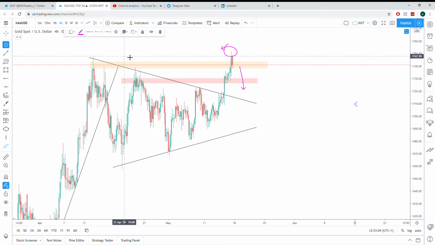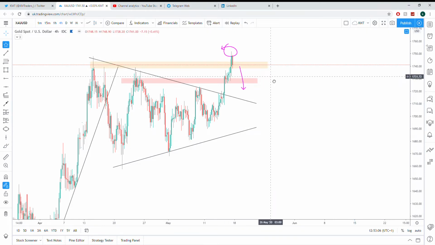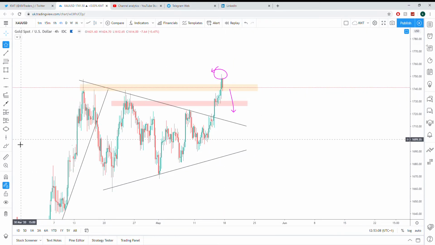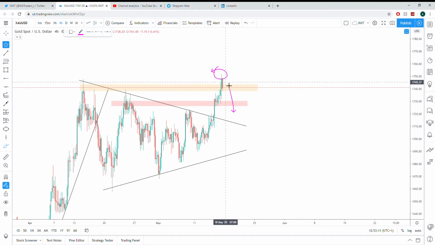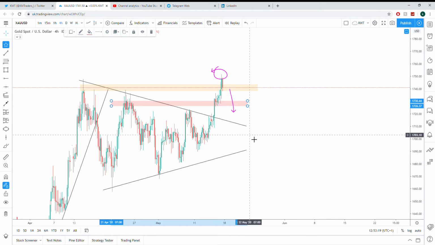Now if we hold this zone, we should be able to continue this move to the upside. It really depends upon market open, and whether we are able to push lower than this zone here. Just to give you the range for the invalidation zone, it's 1730 to 1726. So again, put this zone into your chart, and we're just looking for invalidation here.